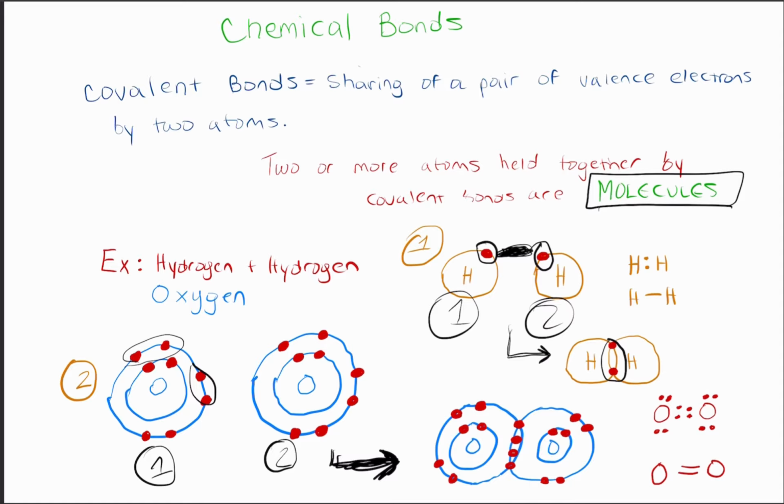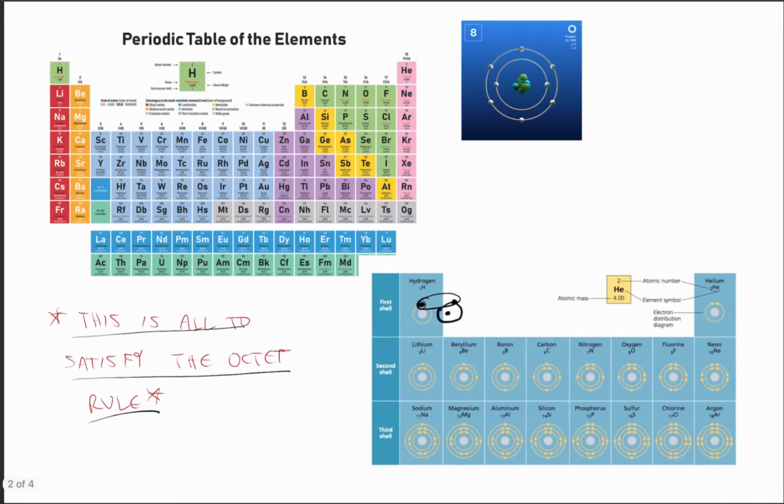Again, these oxygens have 2, 4, and 6 electrons, so they share their electrons to make that 8. This first one has 2, 4, 6, and now 8. And so does this other one to our right. It has 2, 4, 6, and 8. That is all to satisfy this octet rule.